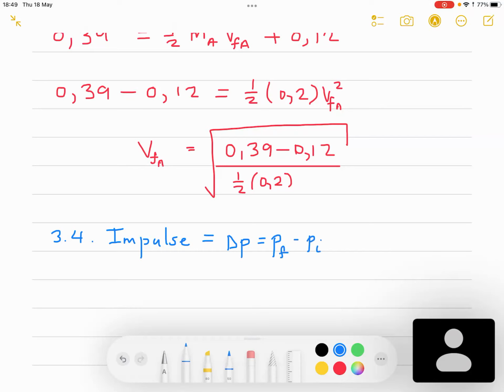If we rewrite that, final momentum is m v_f minus initial momentum is m v_i.